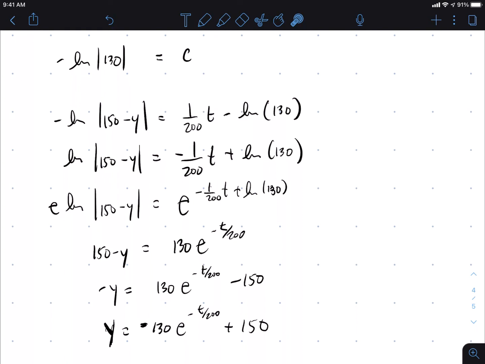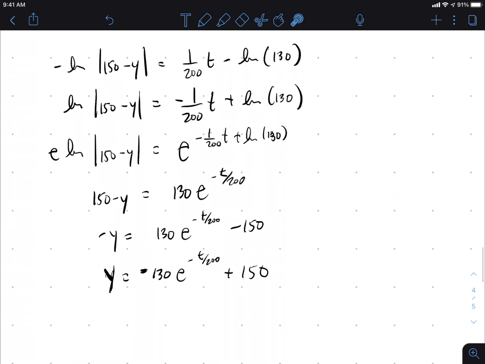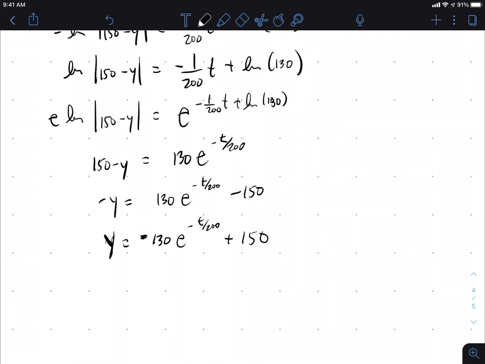Let me see. Make sure that I'm correct in everything that I'm doing. Looks good. So remember again that this is y of t is equal to a negative 130 e to the negative t over 200 plus 150, correct?